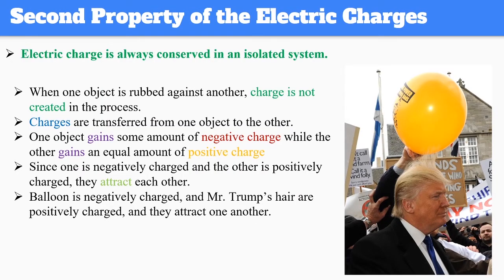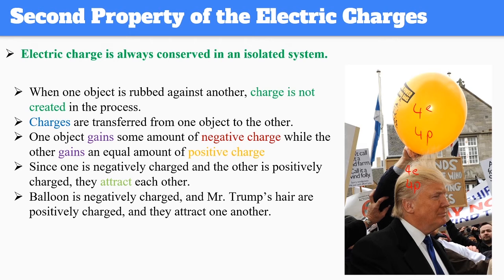So the second property is that charge is conserved, which means the total charge in the system is not going to be destroyed or created. It can only be transferred. So let's say you have 4 electrons and 4 protons in the hair, and then you have, let's say again, 4 electrons and 4 protons in the balloon.